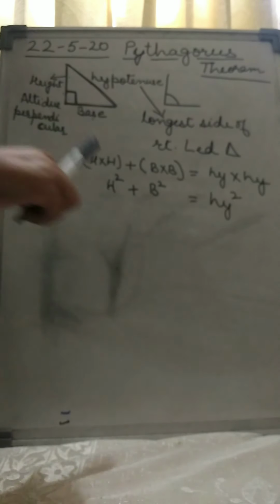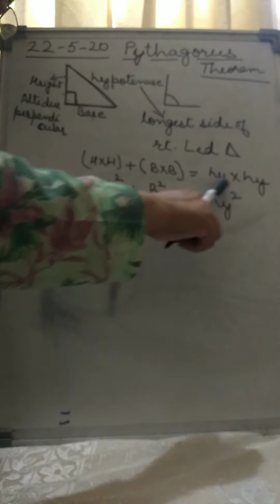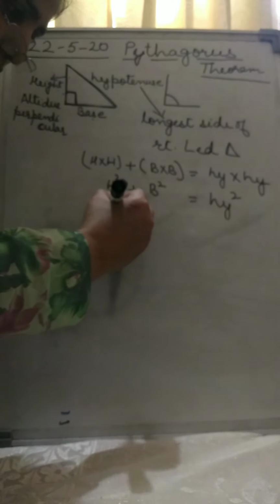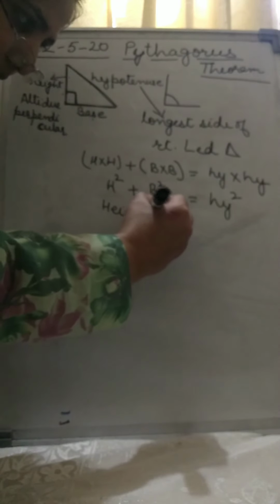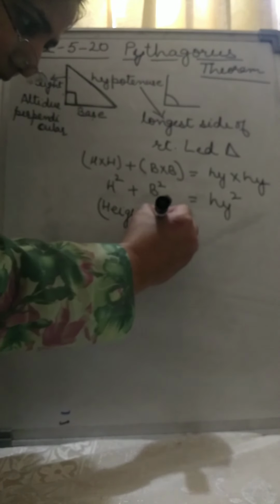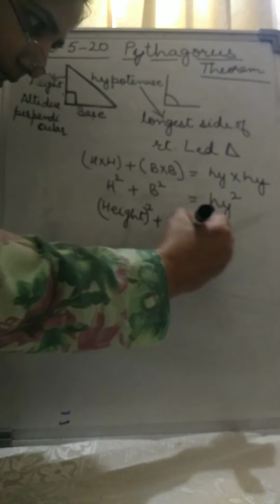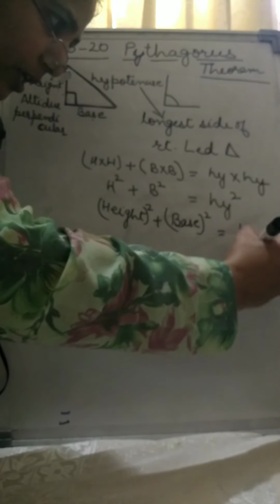Square means you are multiplying the same thing 2 times. So this is called the square of the height plus the square of the base, and this is equal to the square of the hypotenuse.